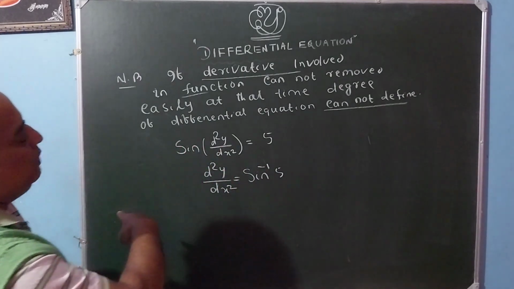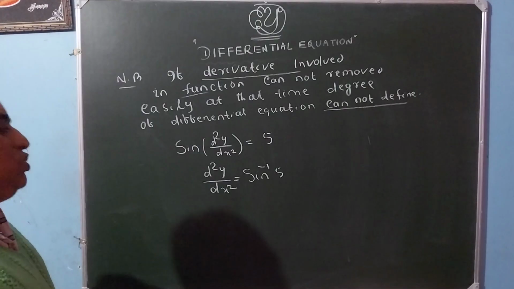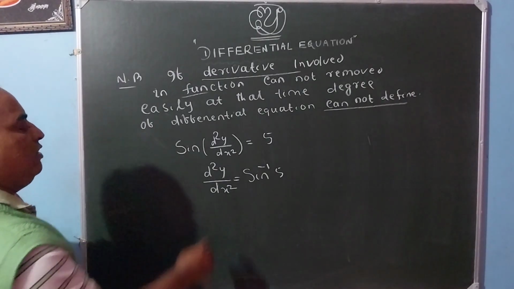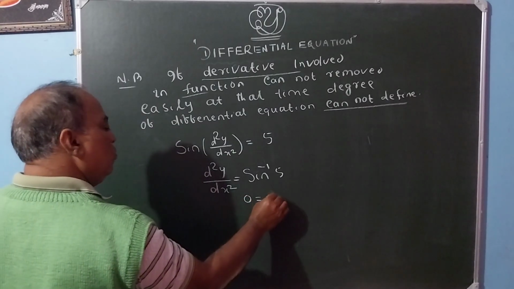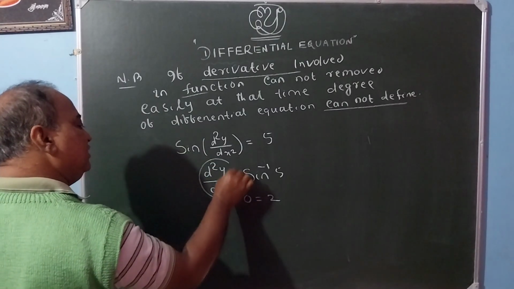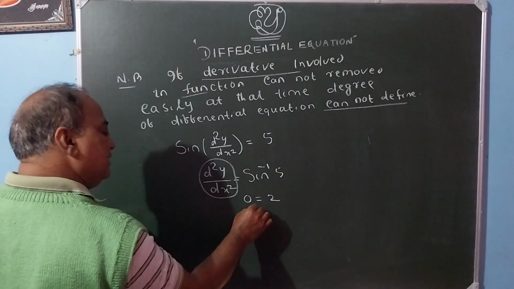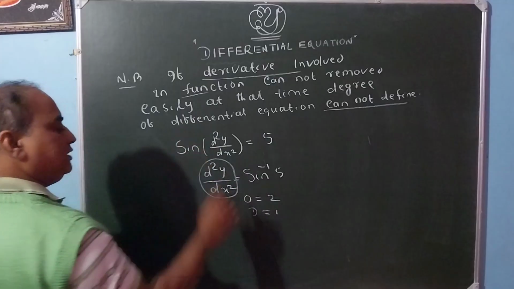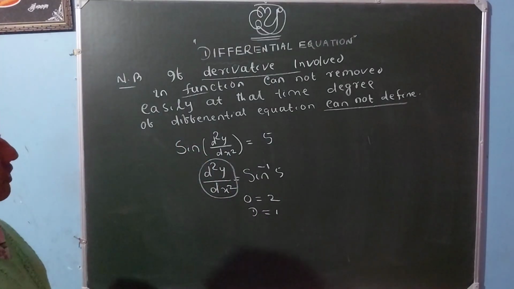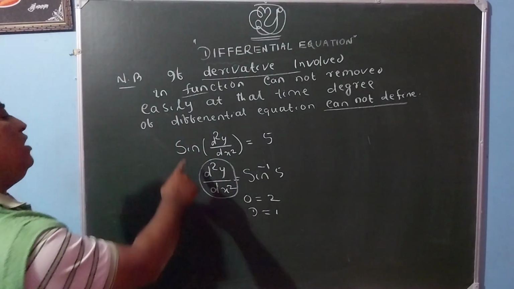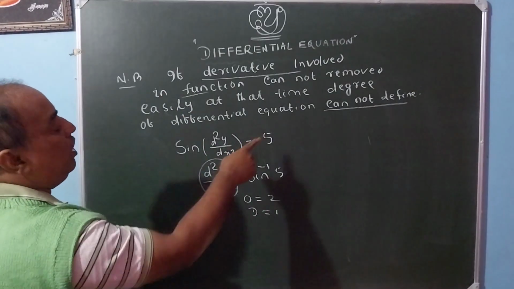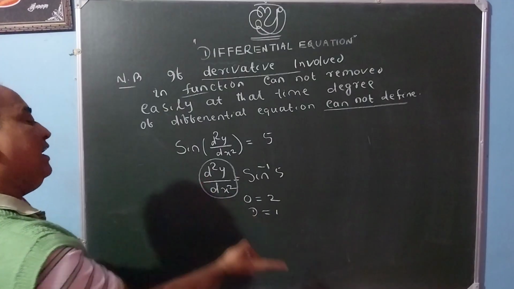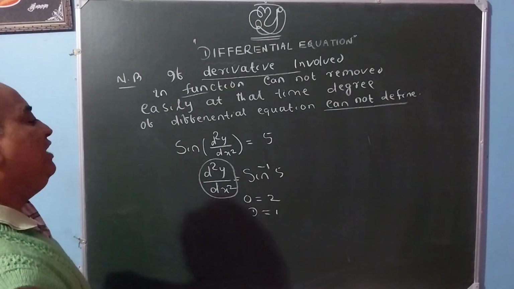So the derivative is removed from the function, and you can easily tell the order and the degree. Order is equal to 2 because the maximum derivative is 2, and degree is equal to 1, the power on the highest order derivative. So the degree and the order can be defined easily.